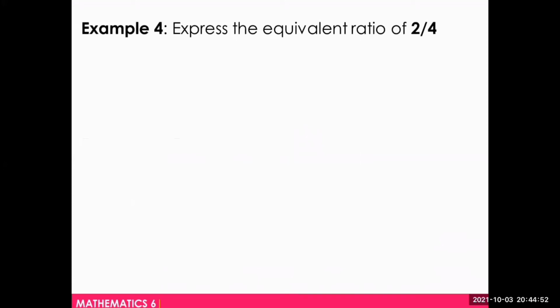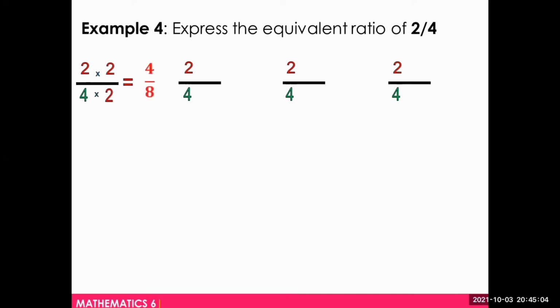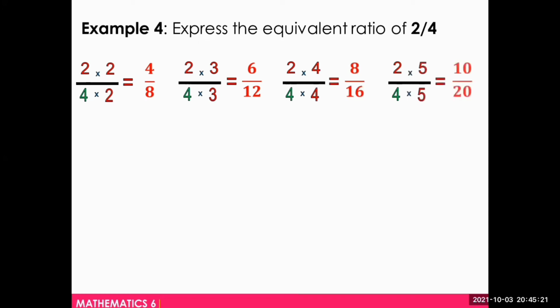Example number 4. Express the equivalent ratio of 2:4. 2:4 times 2, pwedeng 4:8. 2:4 times 3 is equal to 6:12. 2:4 times 4 equals 8:16. 2:4 times 5 is 10:20.